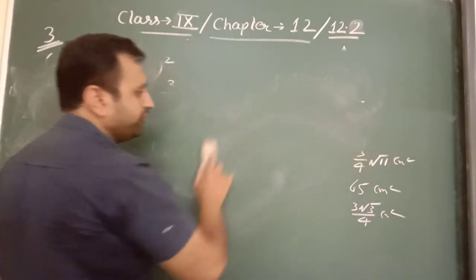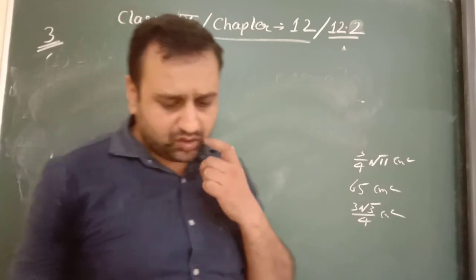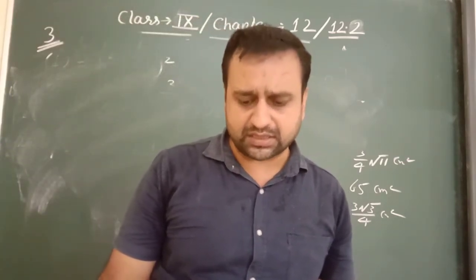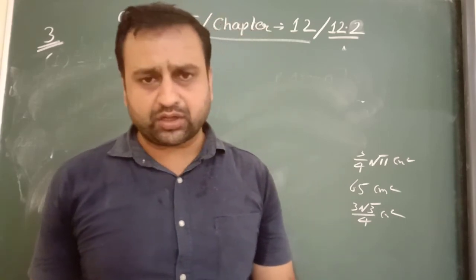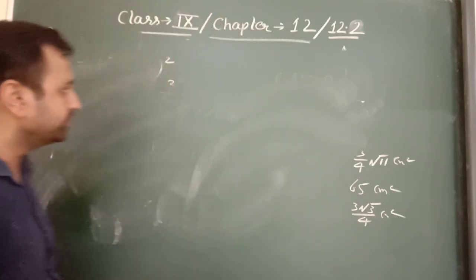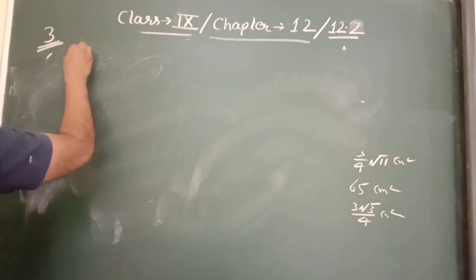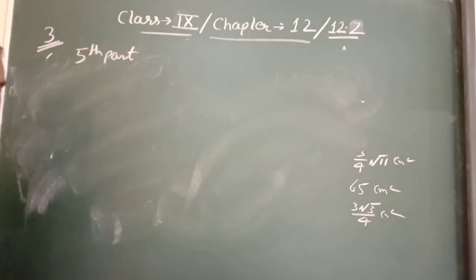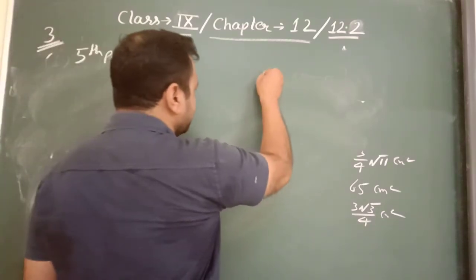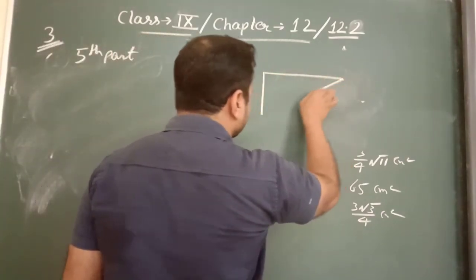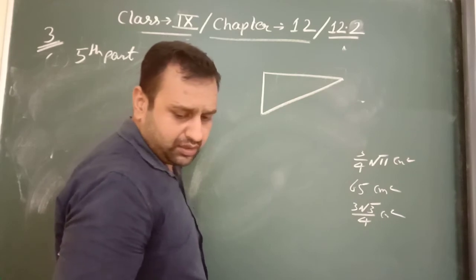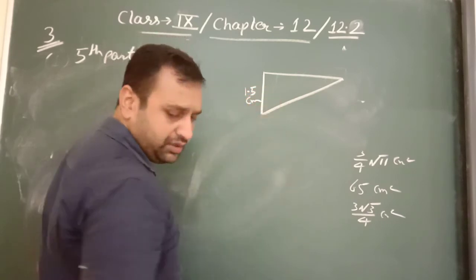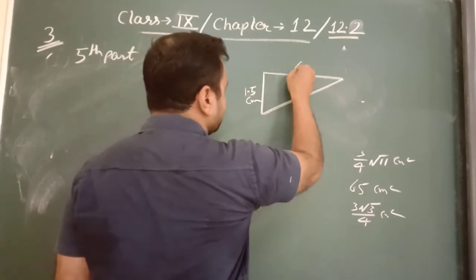Now we have to calculate area of fourth part and fifth part. Because it is the shape of an aeroplane, we can say that area of fourth and fifth both are same. So we just now calculate area of fifth part. Fifth part, its shape is like a right angle triangle in which the value is 1.5 centimeter and it is 6 centimeter.